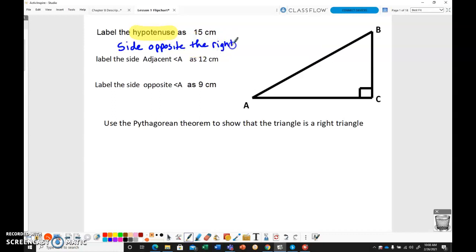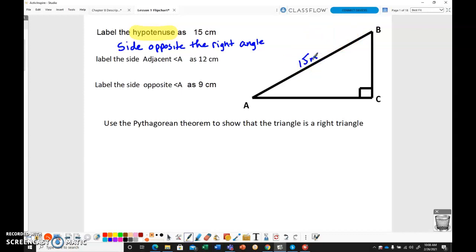And when we say opposite, what we're saying is the side that doesn't touch the right angle. So if I find my right angle, which is indicated by this square thing in the corner, and I go to the opposite side of that, the side that doesn't touch the angle itself, I see that that's this piece right here. That is AB. And so I'm going to label that as 15 like the directions told me to.